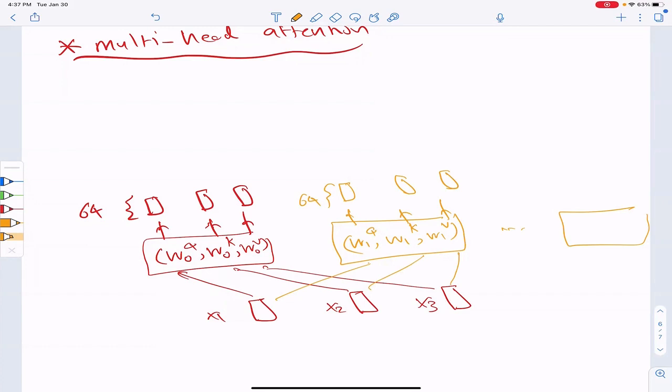Okay, so then I'm going to concatenate the vectors corresponding to each position. For x1, I have 8 vectors, each of length 64. I concatenate them.